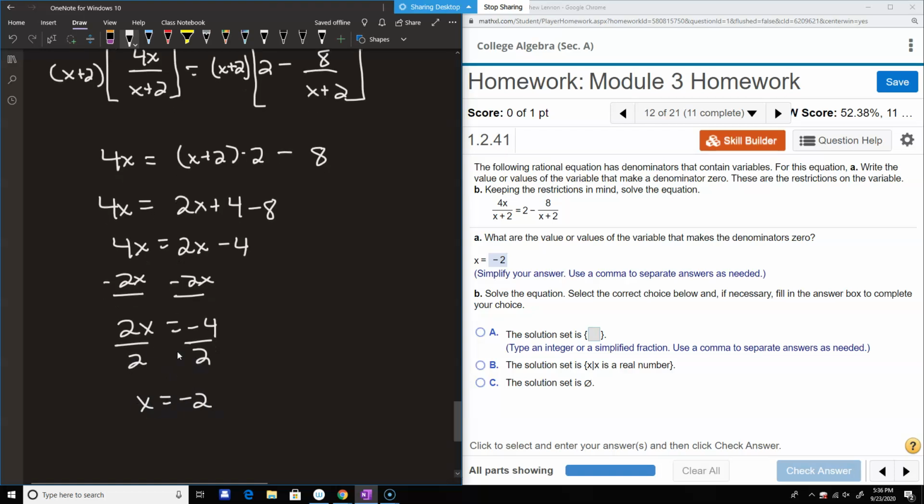But this is not actually part of the solution set, right? Remember, the first question was what x value was not allowed. And it was exactly x equal to negative 2. So this causes division by 0 in the initial problem.